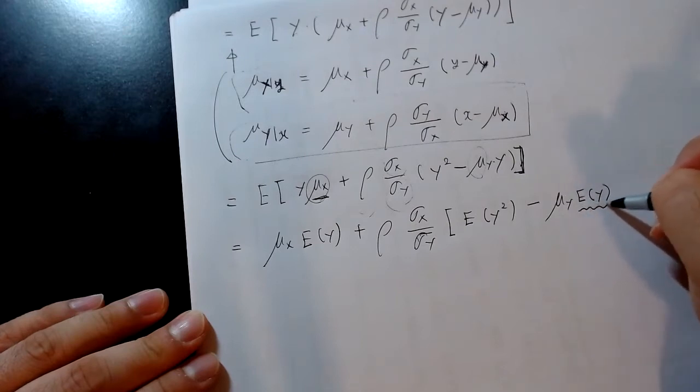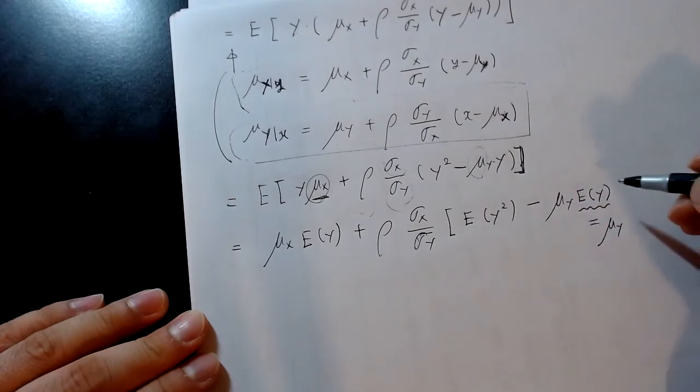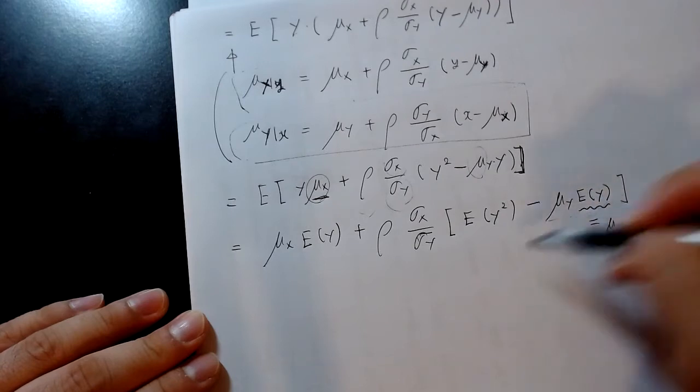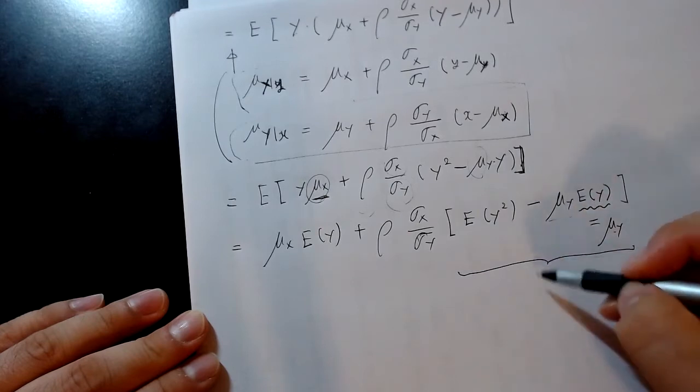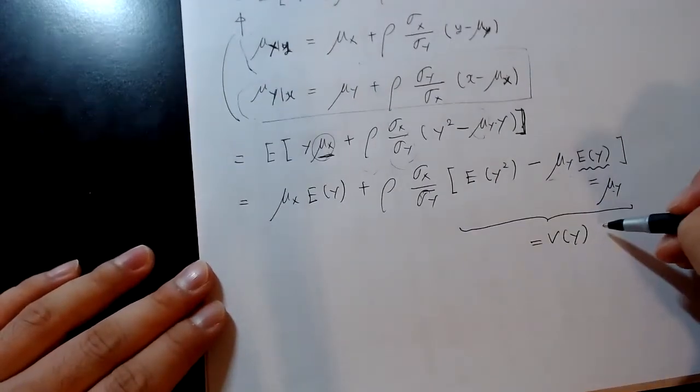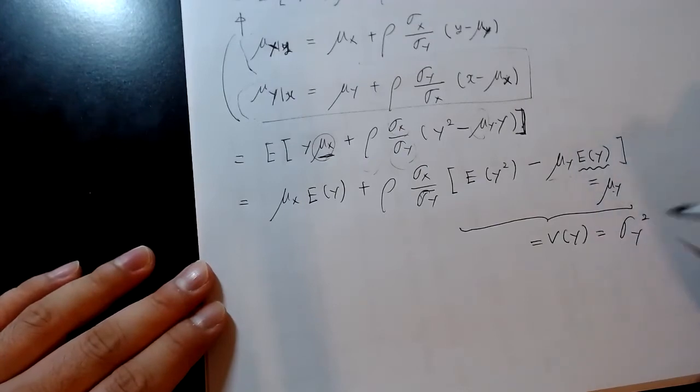But what's this? This is mu y, right? So eventually we get mu y squared. So that is equal to what? The variance of Y, right? Which is sigma y squared.